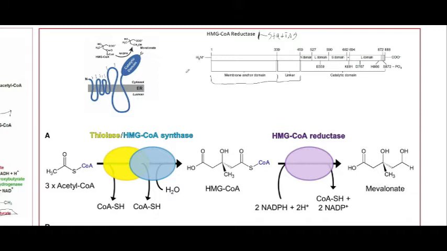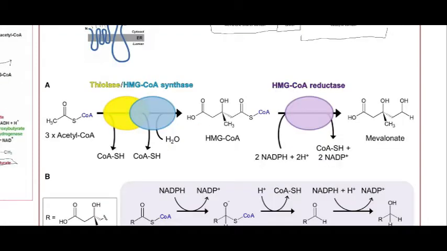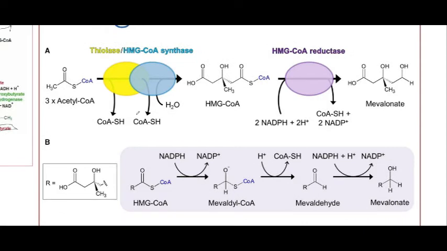And so it's not uncommon to just have the structure for this section of an enzyme like this. And so down here we see once again this is the Hmg-CoA synthase, which is taking the 3 acetyl-CoAs to generate our Hmg-CoA.